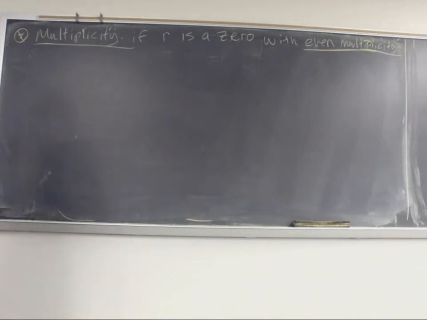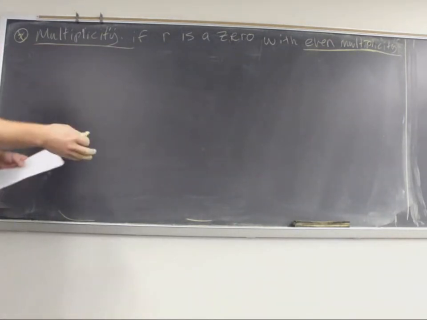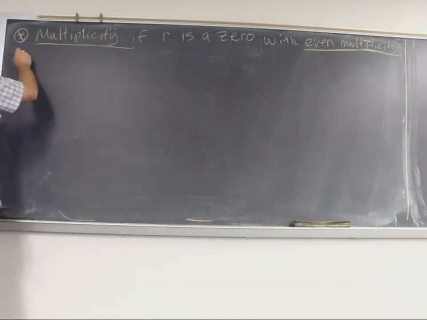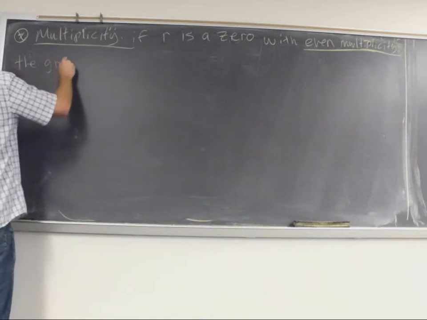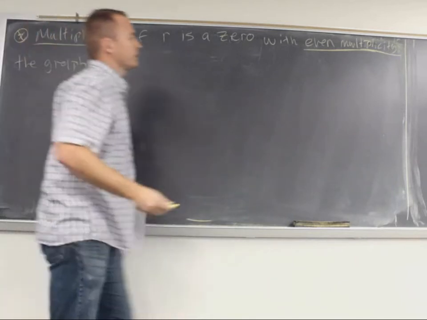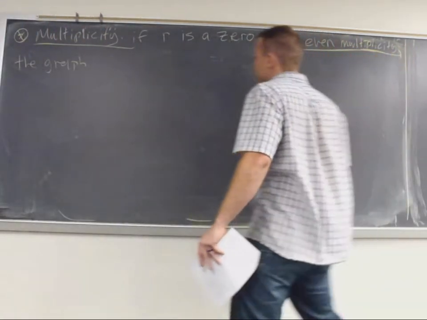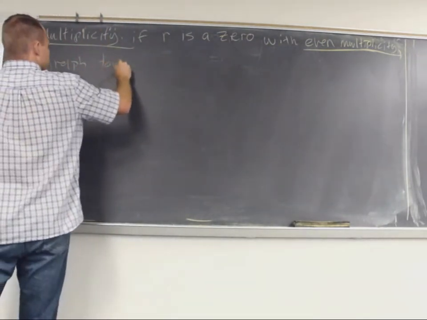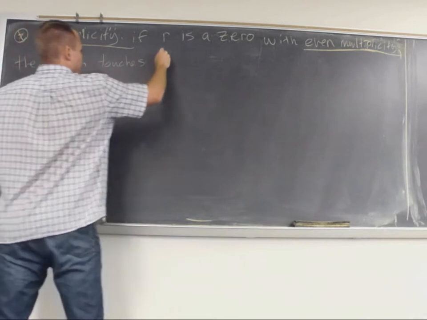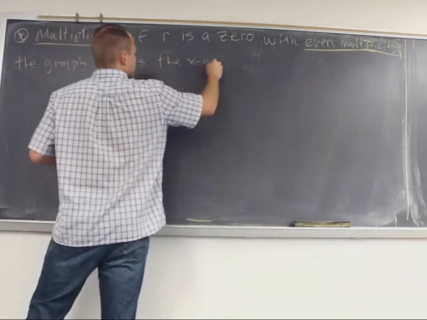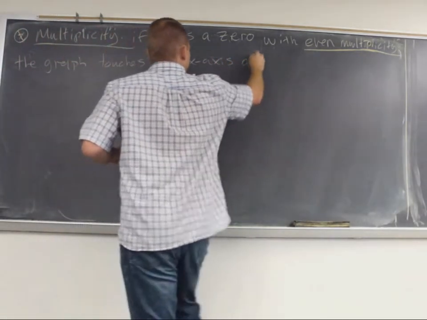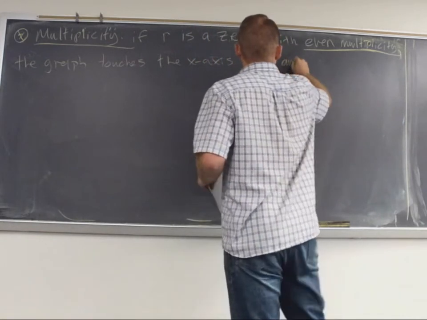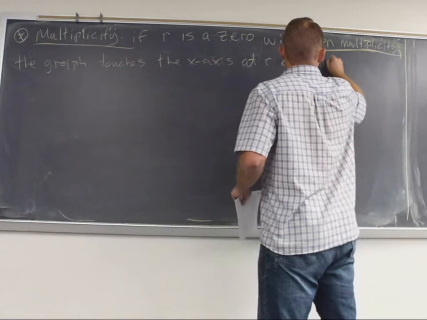So if R is a 0 and it has even multiplicity, then this is what the graph looks like. And I guess I need a comma after this multiplicity here. The graph touches the x-axis at R and turns around.